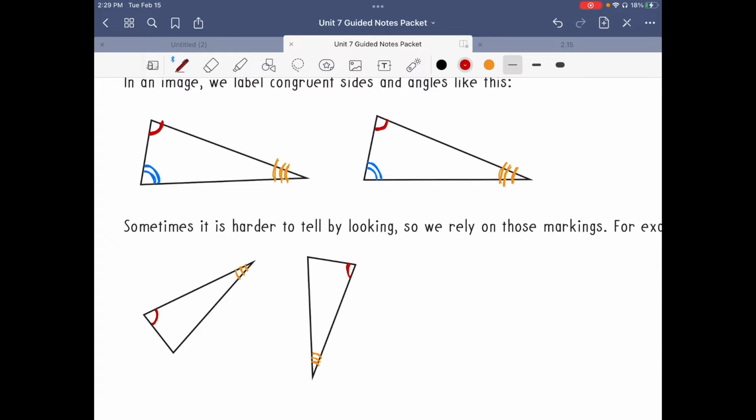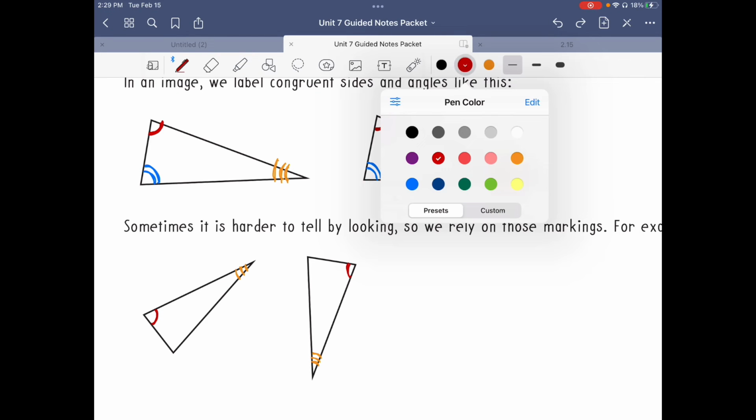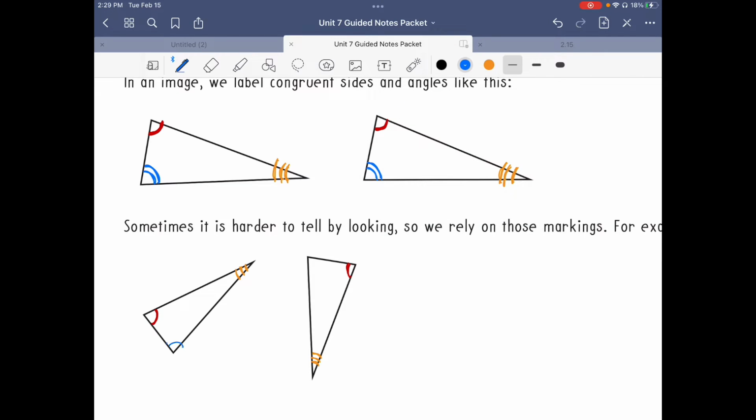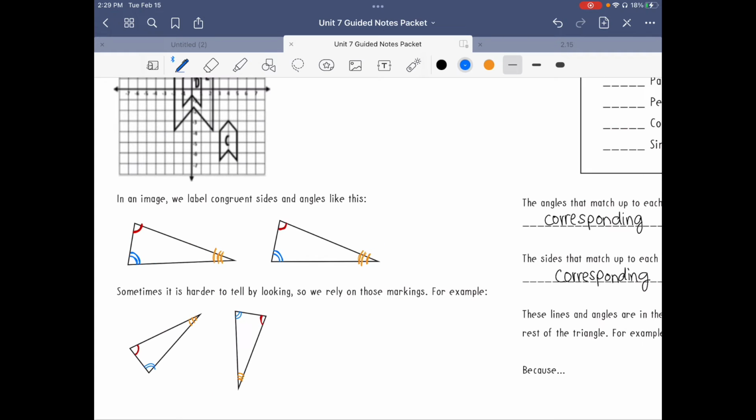The easiest way to see that is if you were to take these and tilt them a little bit, it would match up with this one. Or if you keep rotating it, it would look like that one. And by process of elimination, we know that this is the blue one. Same thing, you could tip it and look at it that way to be able to tell. So those are our corresponding angles.